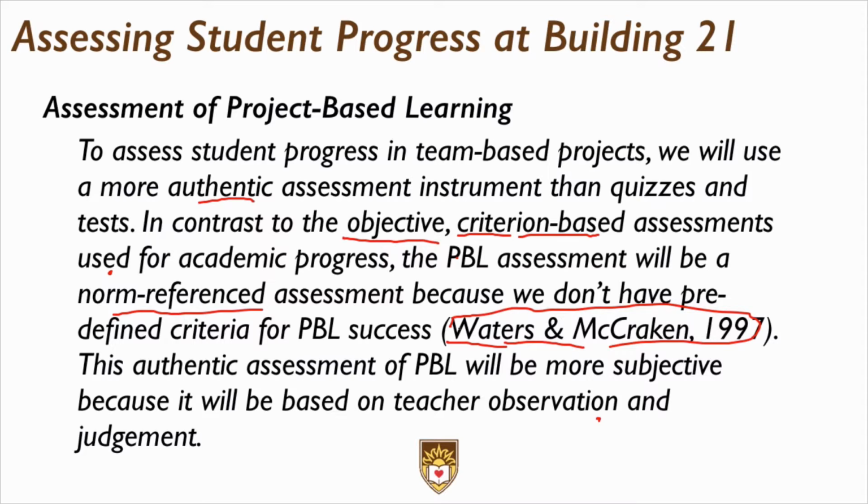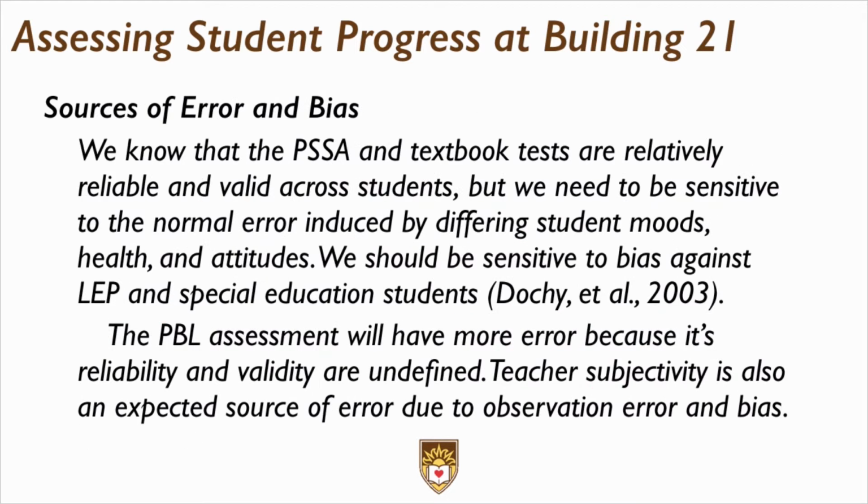Wherever I put the content that comes from an outside source, I just put parentheses, the author's last names, and the publication date. No big deal. Then this authentic assessment of a PBL will be more subjective because it's based on teacher observation and judgment. So that's an idea of how to use some of that vocabulary.